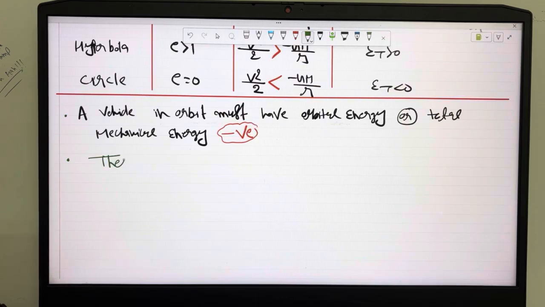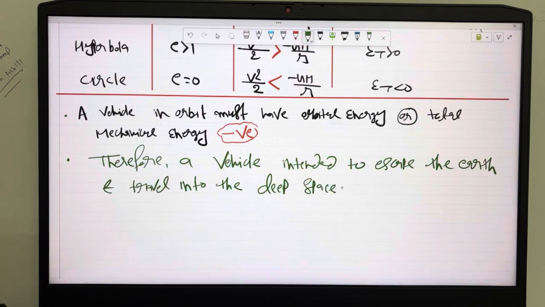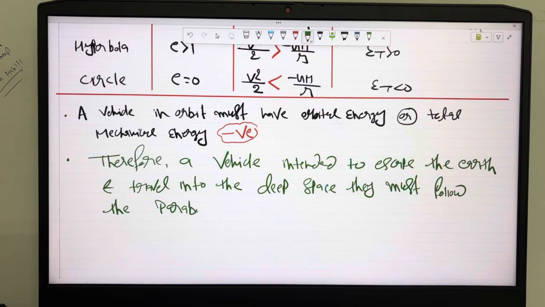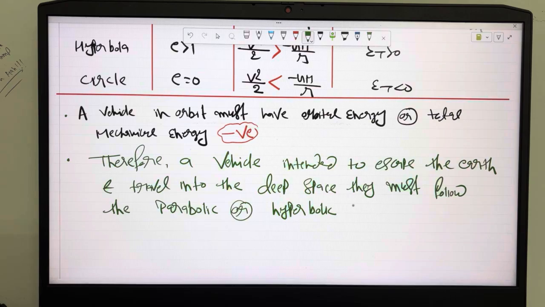Therefore, a vehicle intended to escape the earth and travel into deep space must follow the parabolic or hyperbolic trajectory.